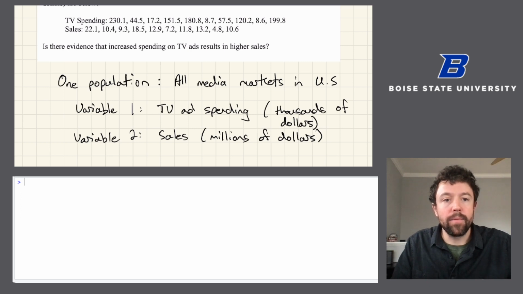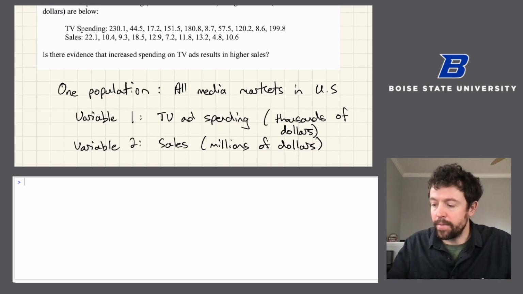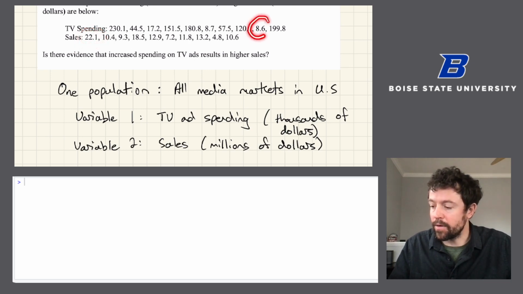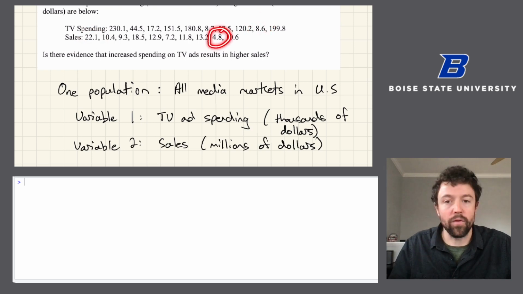and it's important that the data I have is in the same order. So if we look up here, this TV spending, the media market where we spent $230.1 thousand, in that media market, the sales were $22.1 million. And similarly, this number 8.6 corresponds to this number 4.8.